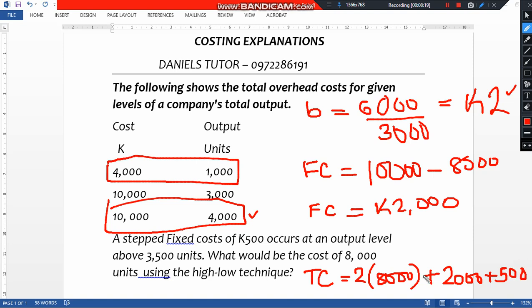We are saying plus 500 because 8,000 units is also above 3,500, so we add the stepped fixed cost. The fixed cost were 2,000, but for units above 3,500 the fixed cost increased by 500, meaning the fixed cost actually becomes 2,500. If the question was to find the cost of 2,000 units, we wouldn't have added the 500 because 2,000 is below 3,500.